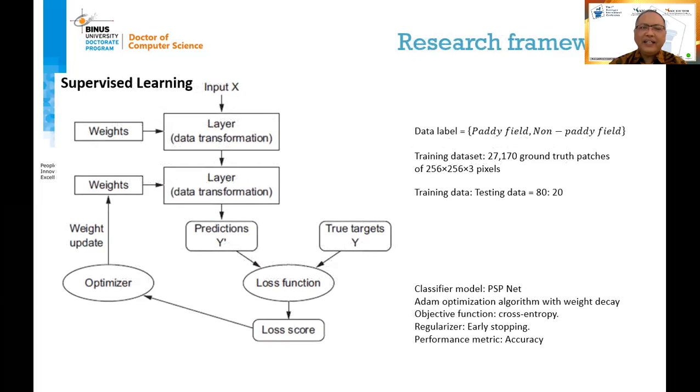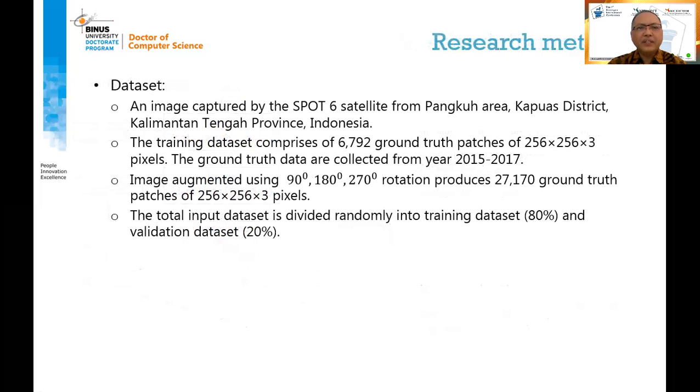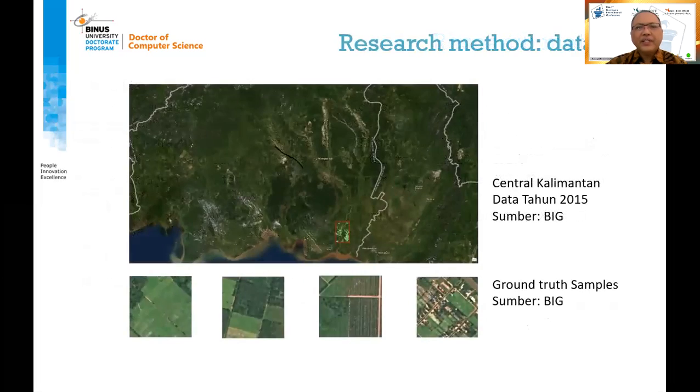We adopted early stopping as a regularizer to avoid overfitting, and we use accuracy as the main performance metric. This is the map of the study locations and some of the ground truth samples provided by Badan Informasi Geospasial.